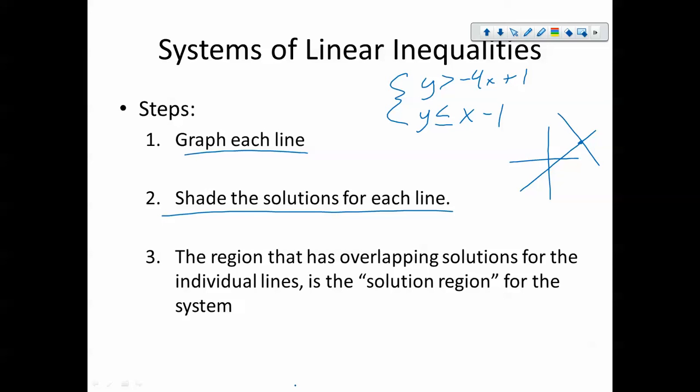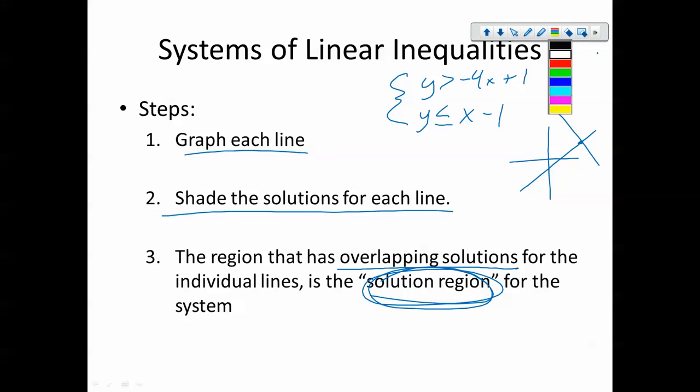The last thing about systems that's different is the region that has overlapping solutions for the individual lines. That is the solution region, meaning this is where my solutions are for this system.